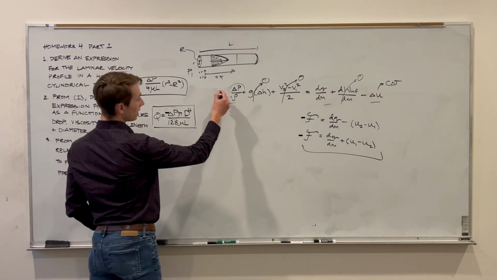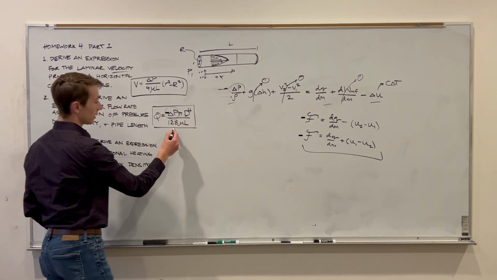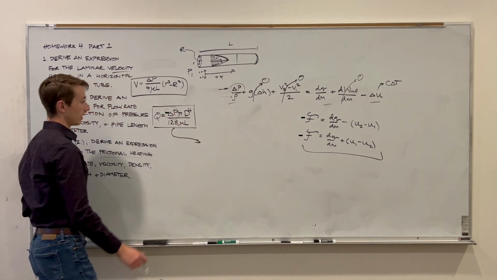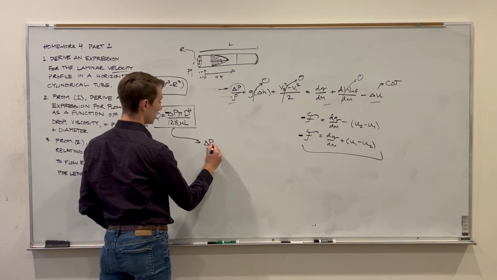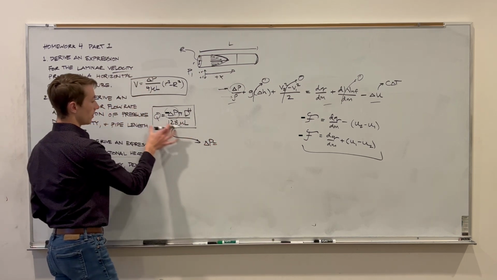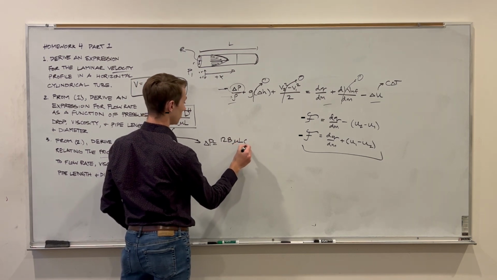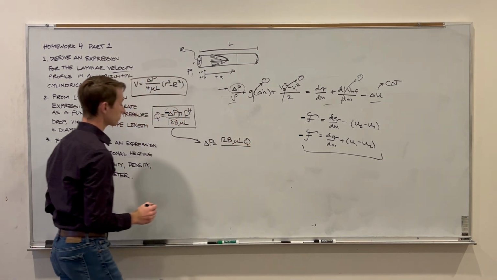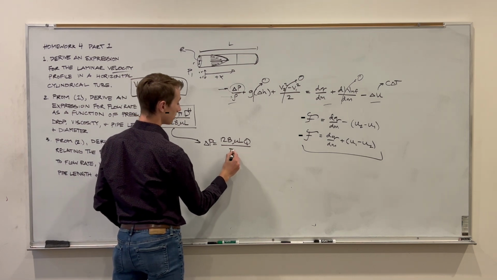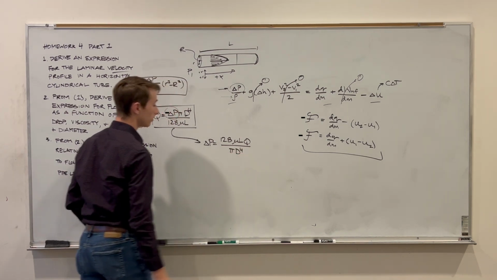So we need delta P in terms of these variables. So we can take this equation and just rearrange this for delta P. So delta P is equal to, multiply this up, we get 128 mu L Q over pi d to the 4th.